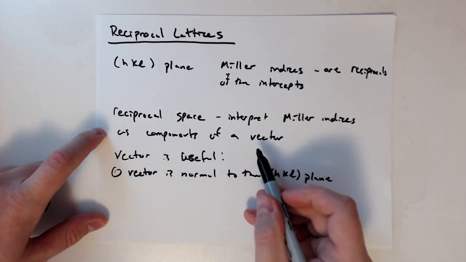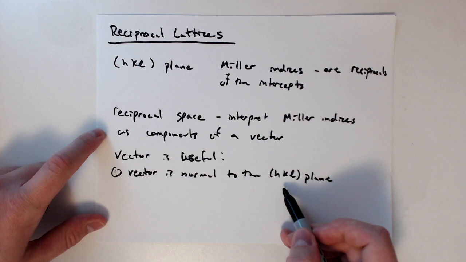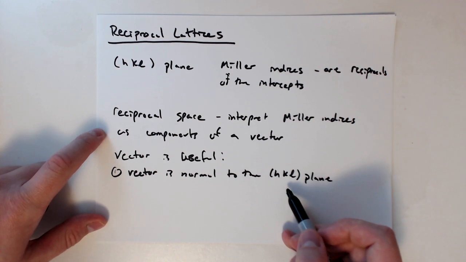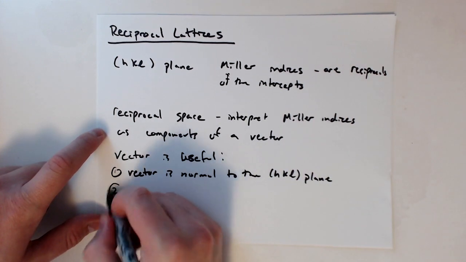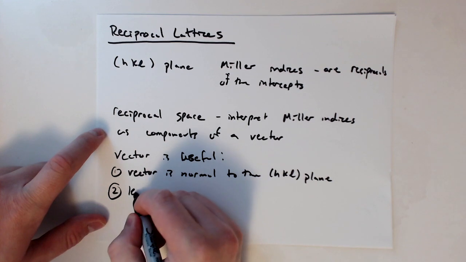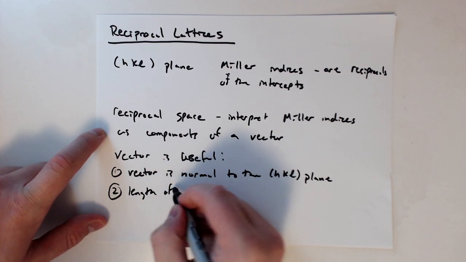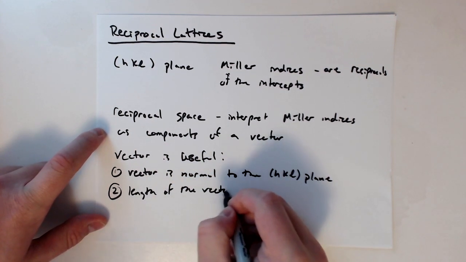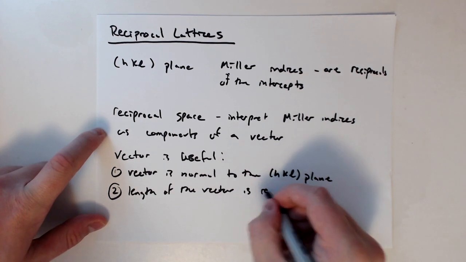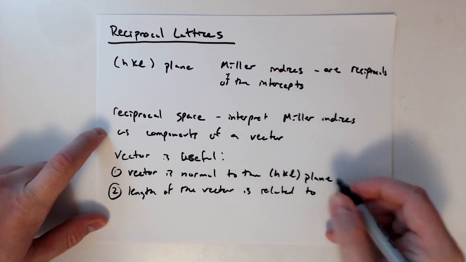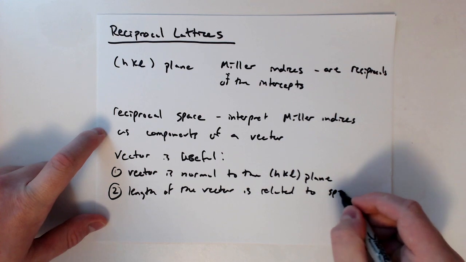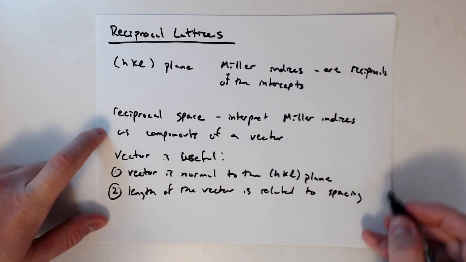So the vector in reciprocal space is normal to the plane in normal space. And secondly, the length of the vector is related to spacing.